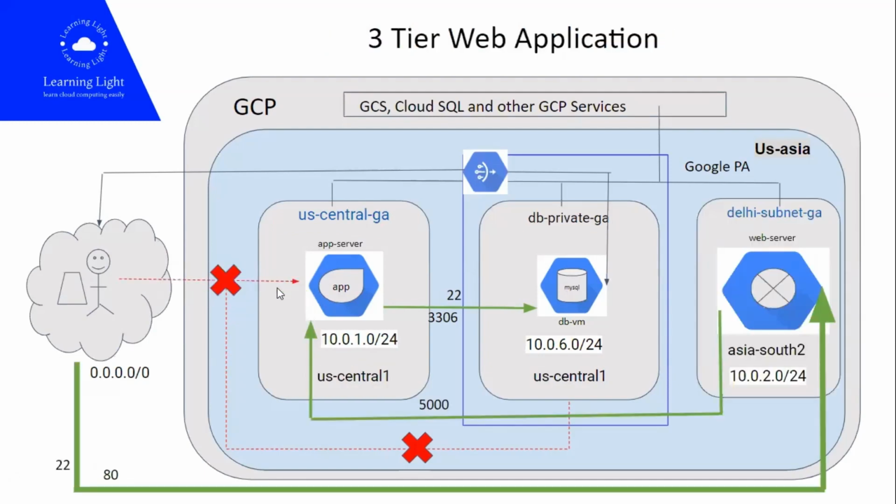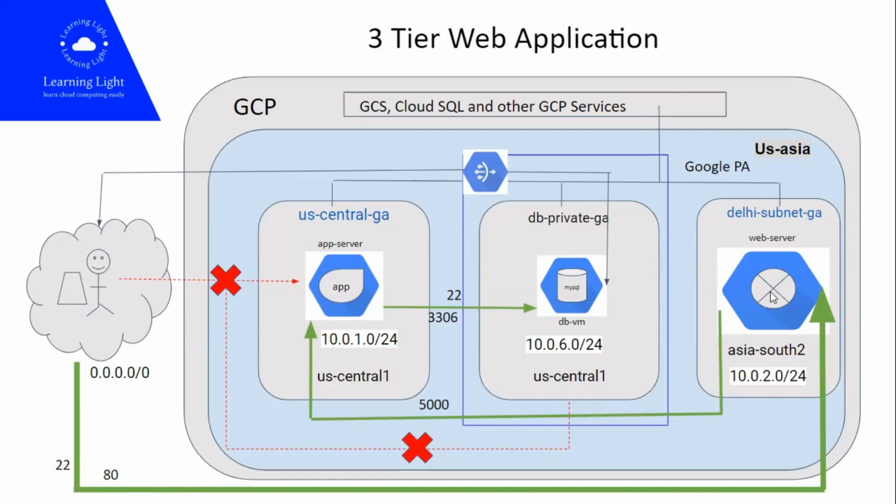In this lecture, we will introduce a new web server in the Delhi region, which is again a completely different subnetwork. We will install Nginx and we will open port number 80 for this web server to the outside world to expose our web application.